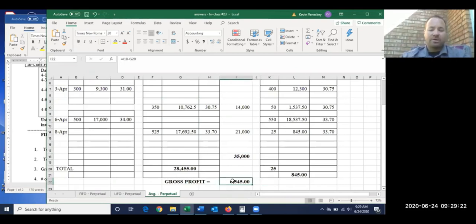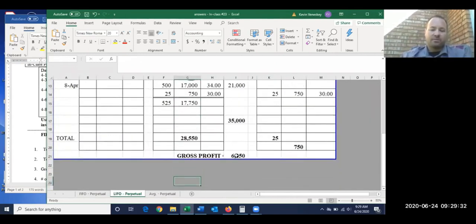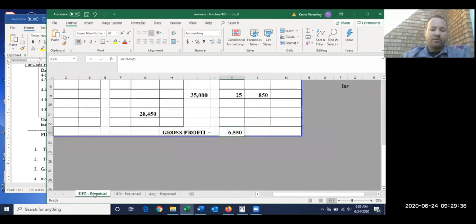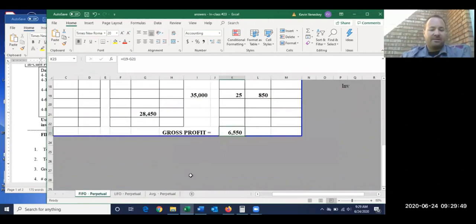These numbers are going to be real similar across because there wasn't a lot of fluctuation. So when I have 65.45, that was really close, within $100 of this one. And then with the FIFO, it's really close to the FIFO. Yeah, we're only within $5 of the FIFO. FIFO was 65.50.